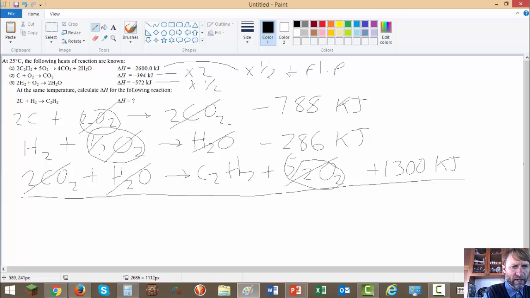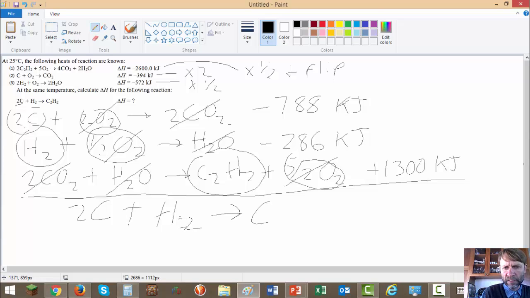And what are we left with? 2C and H2 and a C2H2. 2C plus H2 gives C2H2, and combining the delta H's gives us positive 226 kilojoules.